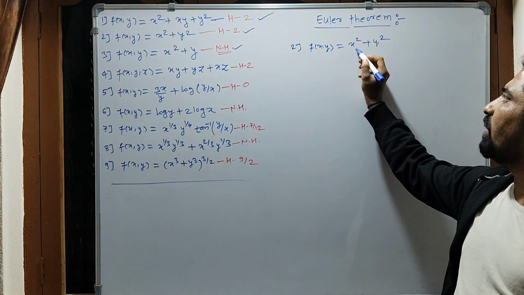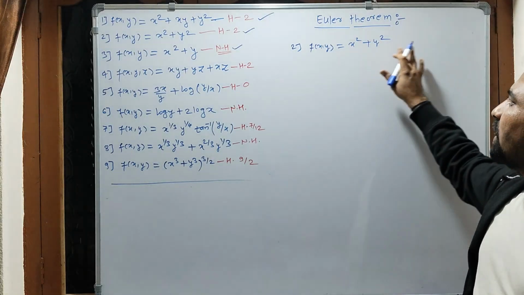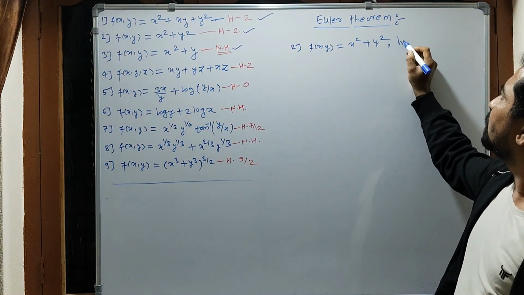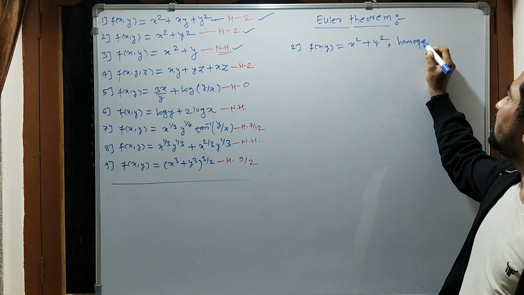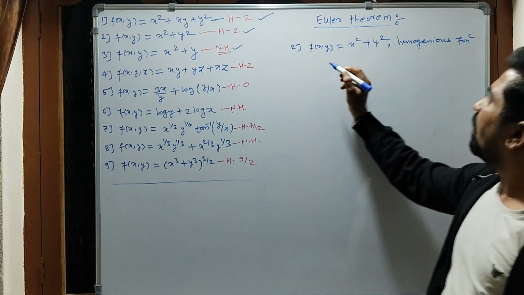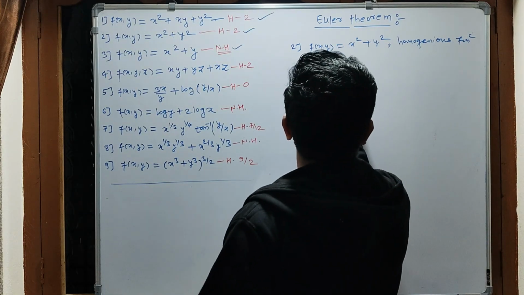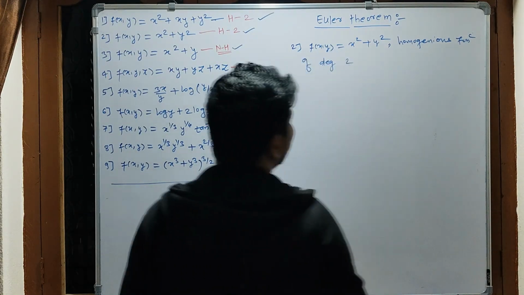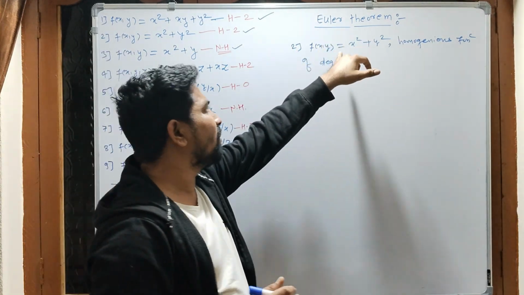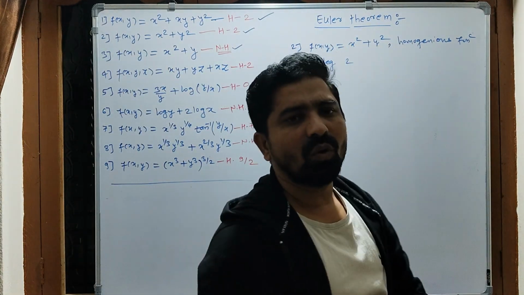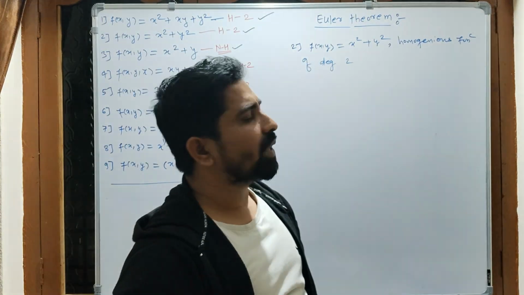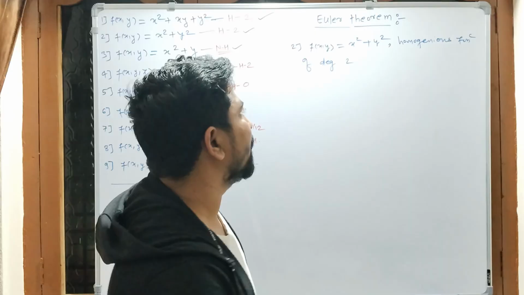The degree of the first term is 2 and the degree of the second term is 2, so this is a homogeneous function of degree 2. Therefore the first condition, the necessary condition for the Euler theorem, is that the function should be homogeneous. The given function f of x comma y equal to x square plus y square is a homogeneous function of degree 2.